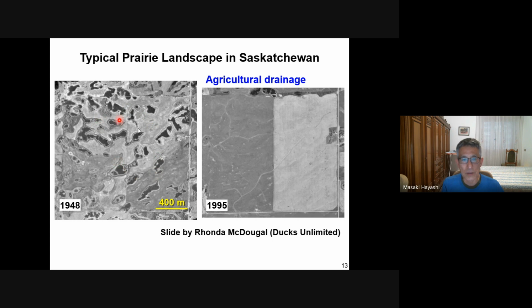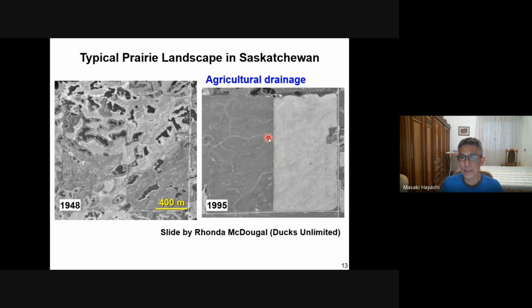These wetlands are a nuisance. Farmers don't want too many of these wetlands in their farmland, so they drain them, and the lands are cleared of wetlands. It may be good for agriculture, but it's not so great for the aquatic ecosystem, because now the ducks have lost their food source. They have to find other places for reproduction.